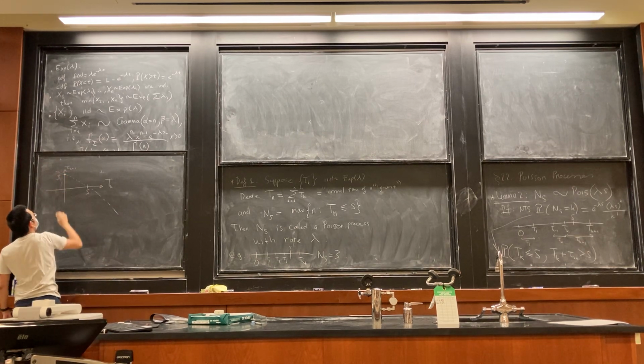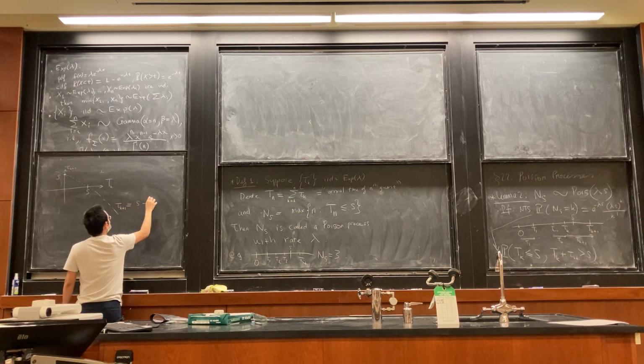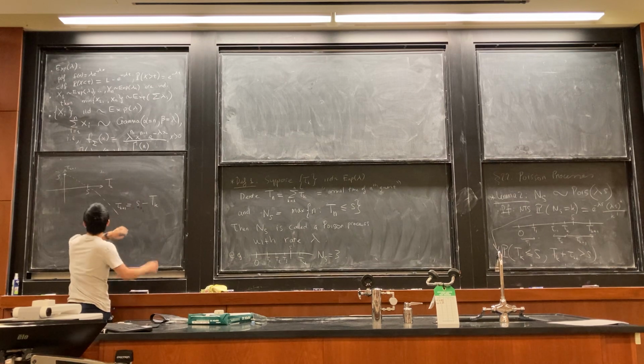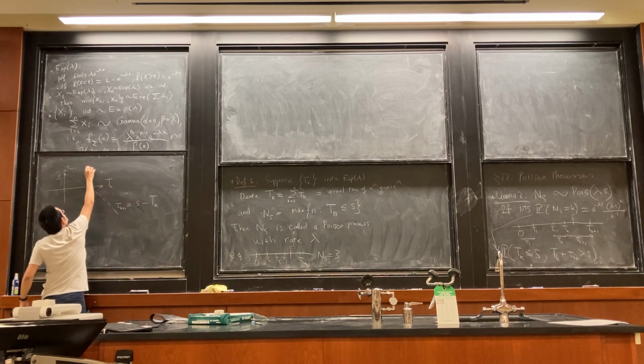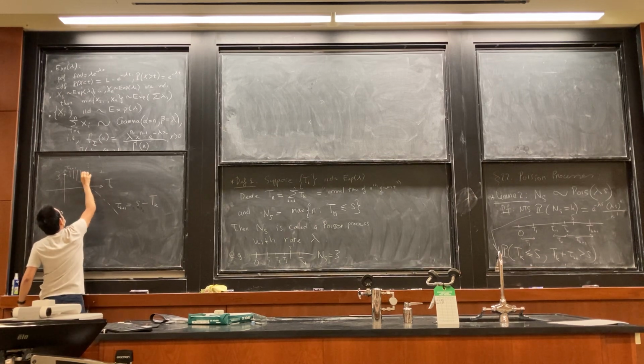This is s here, so the equation is tau k plus 1 equals s minus T_k. I'm looking for tau k plus 1 above this line, so I'm looking to integrate on this portion of the plane.